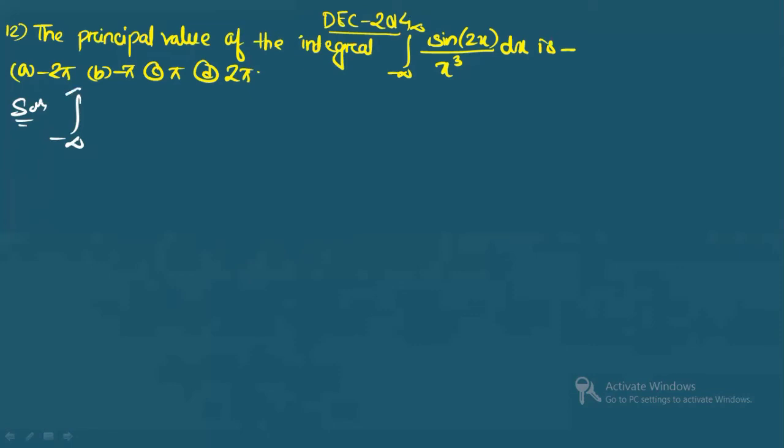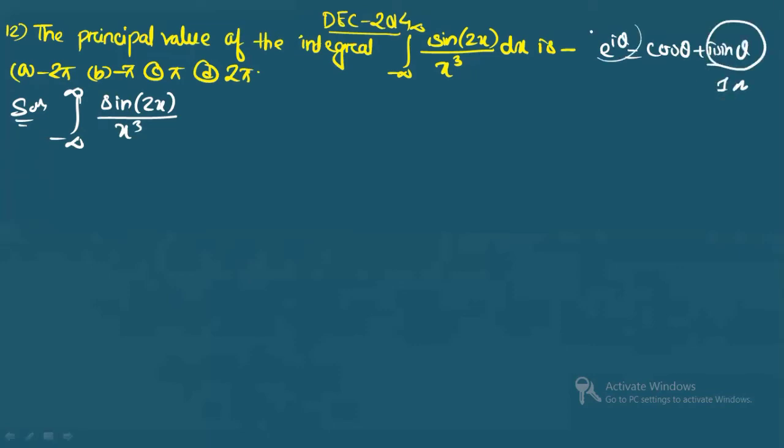We know e to the power i theta equals cos theta plus i sine theta. So this is the imaginary part of e to the power i theta, right? So you can write it as the integral from minus infinity to plus infinity of the imaginary part of e to the power i 2x by x cube dx.